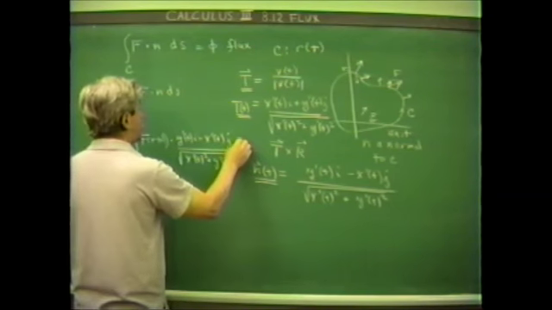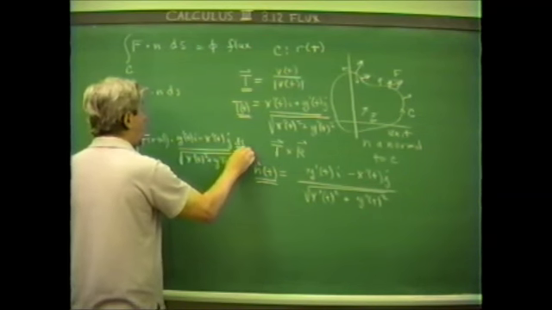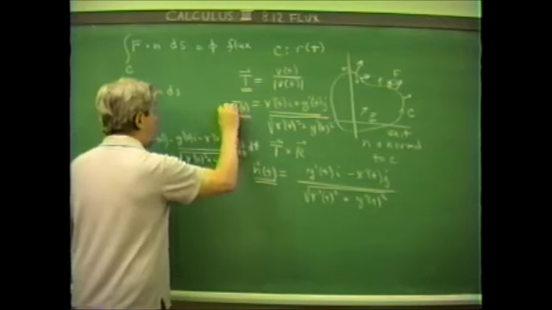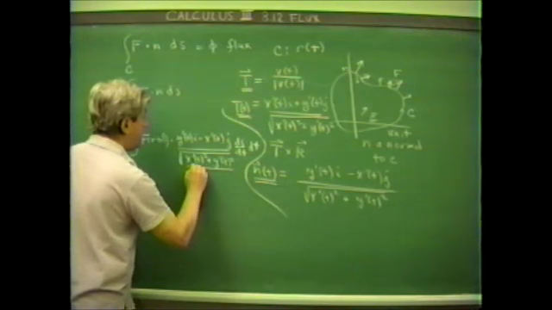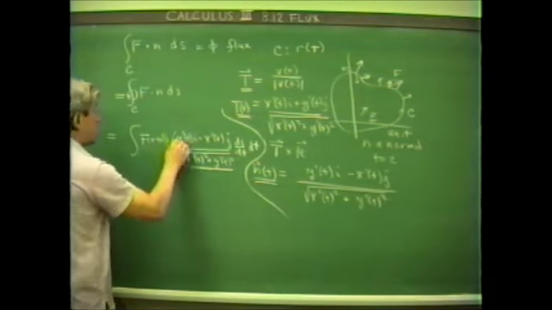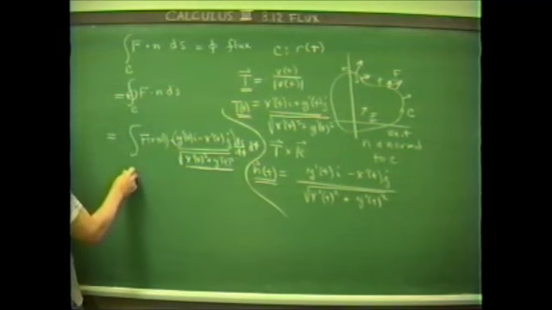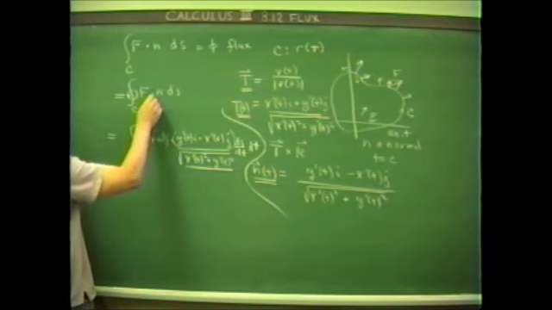Now ds is the square root times dt, so that's ds dt. So this cancels with this, and this then is equal to f of r of t dotted with that.